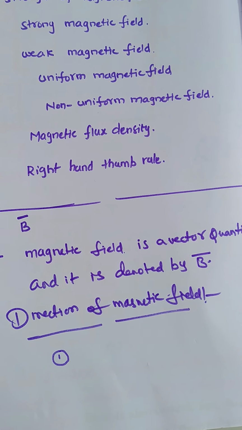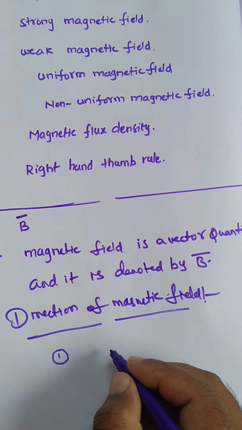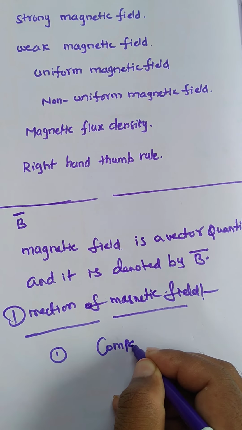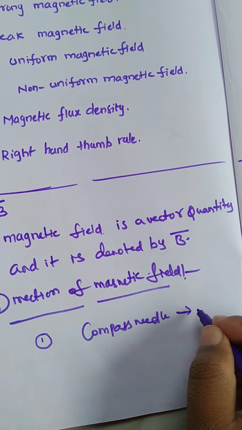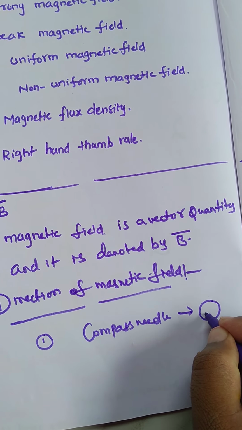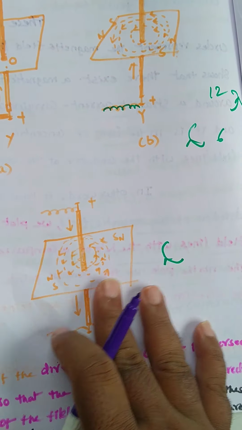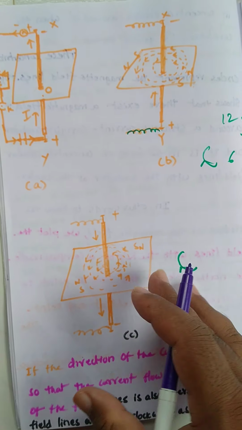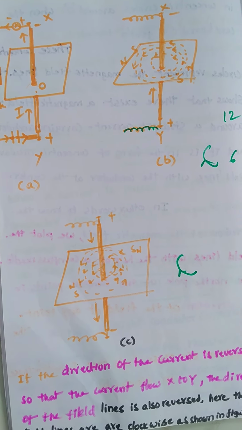One is, for example, anywhere if you want the direction of magnetic field, if you keep a compass needle, it shows the direction of magnetic field. For example, in the last class we discussed the magnetic field due to a straight current carrying conductor, right?